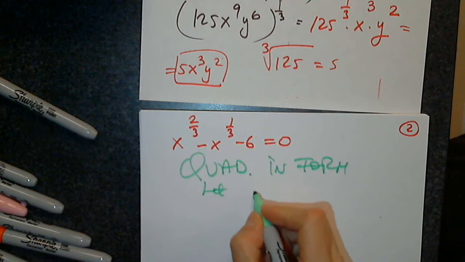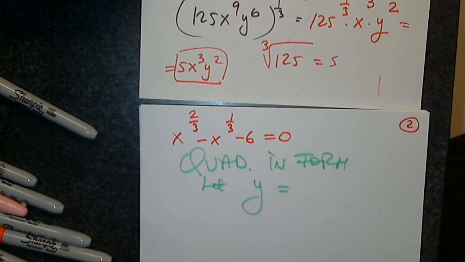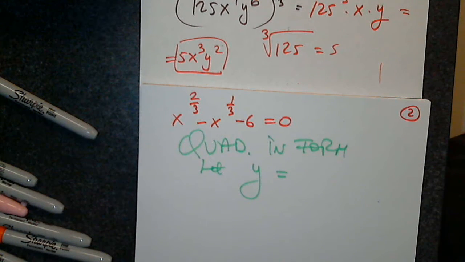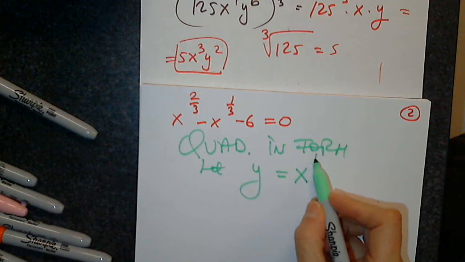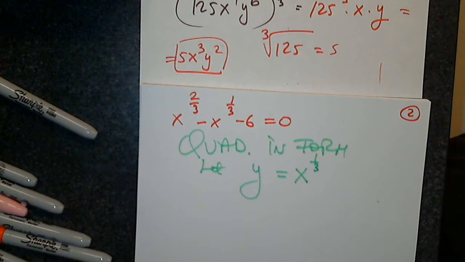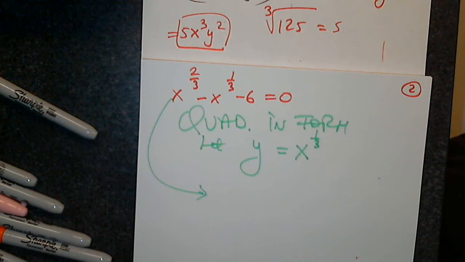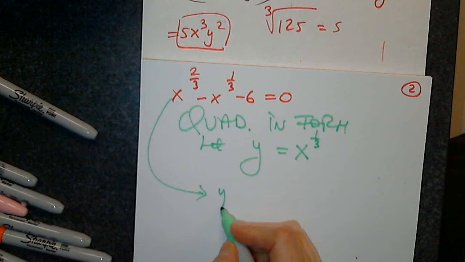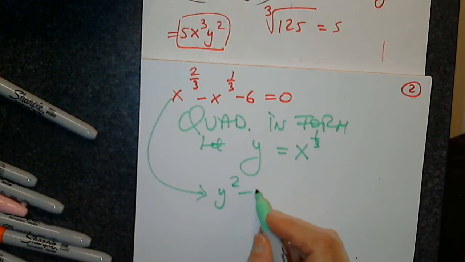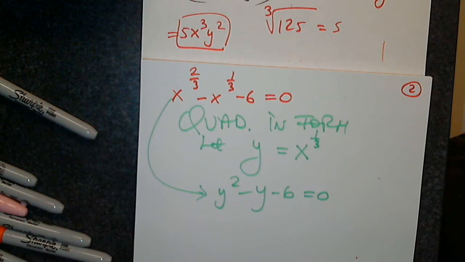So I'm going to say let y be x raised to 1/3. Very good. So then this equation becomes y squared minus y minus 6 equals 0.